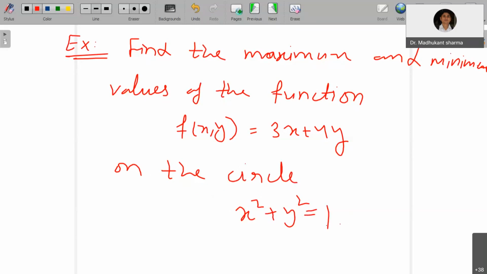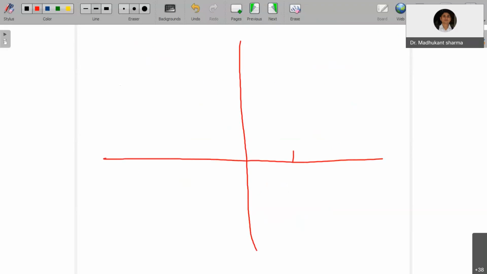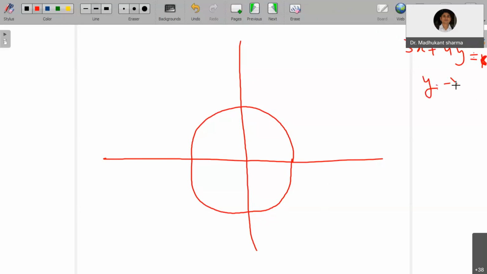Now it is easy to see its geometry. So x square plus y square equals 1 is a unit circle centered at the origin. My geometry is not that good. And 3x plus 4y is a line, so 3x plus 4y equals some constant. From here it is easy to verify that y equals minus 3 by 4 x plus c by 4, where c is a generic constant.